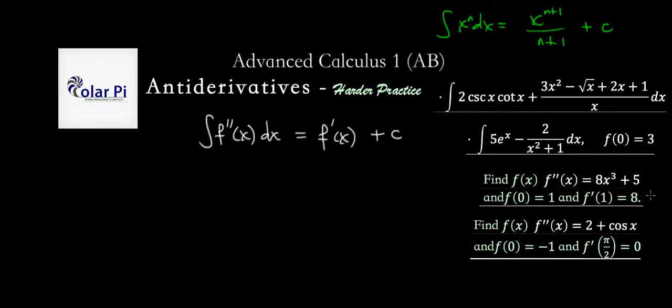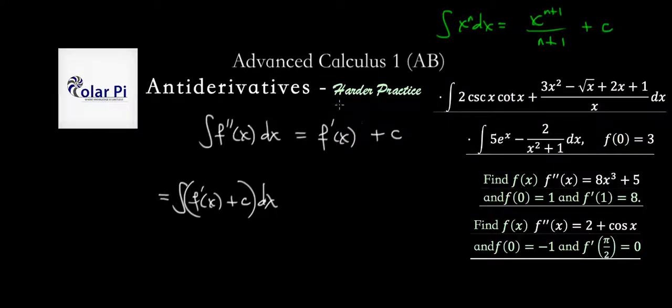And since we know something about f prime, we're going to be able to figure out what this constant is. So then we'll know f prime with the constant, and then we could integrate that, meaning find the antiderivative.